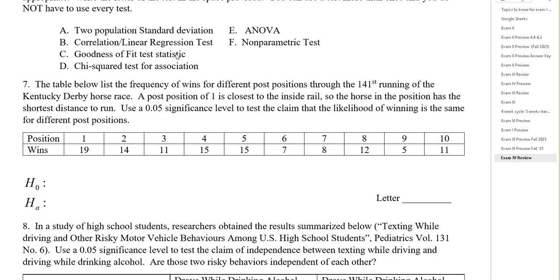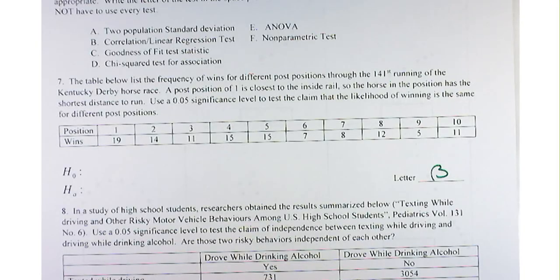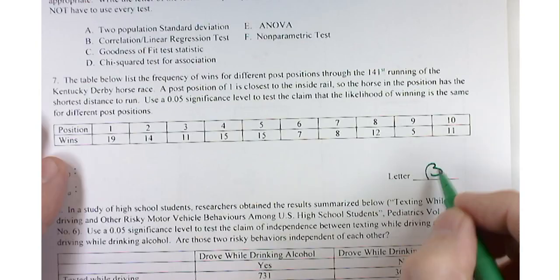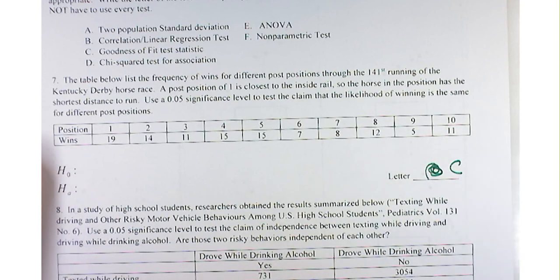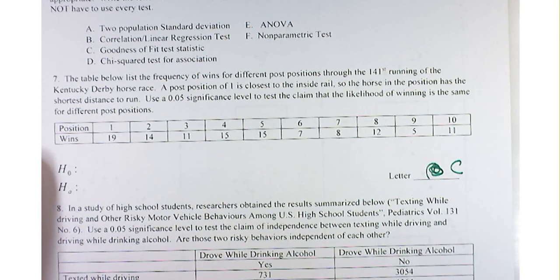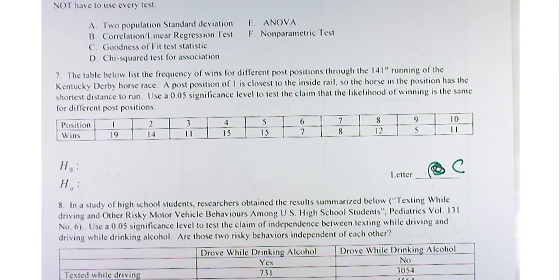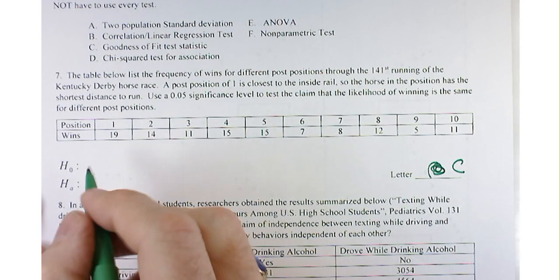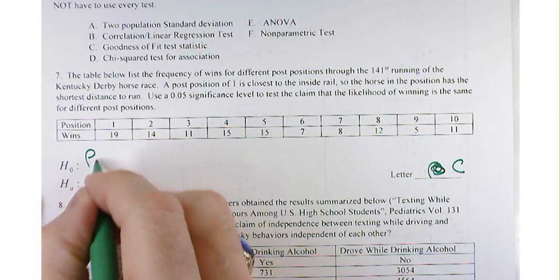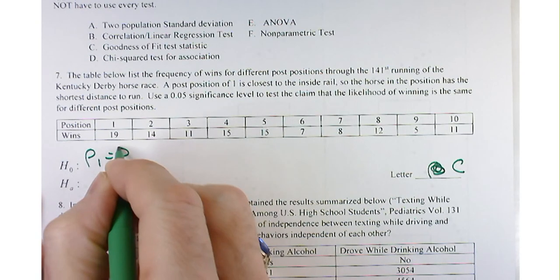So that's going to be C, sorry. What's the null hypothesis going to look like for this one? P sub 1, P sub 2, all the way to P sub 10 equals 1/10.